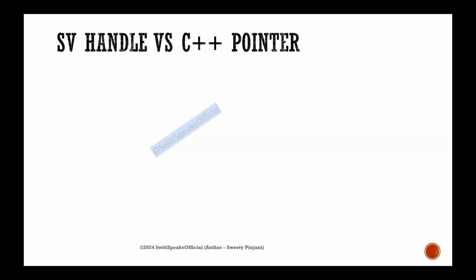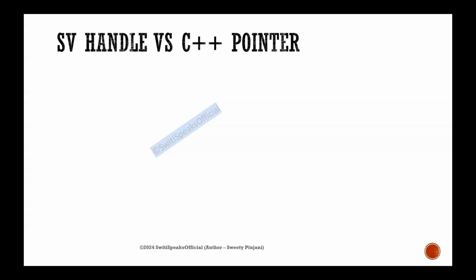We are in SystemVerilog OOPS series where we are learning OOPS concepts in SystemVerilog. A lot of times when we try to learn OOPS concepts in a hardware description language like SystemVerilog, we try to compare it with something which we already know. All of us have learned C++ in our college days, and SystemVerilog handle is analogous to a C++ pointer.